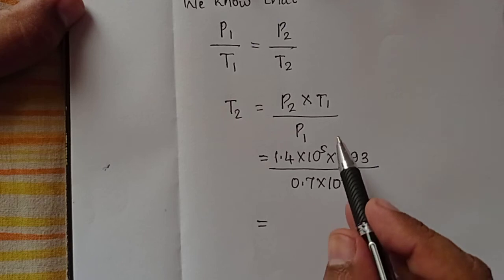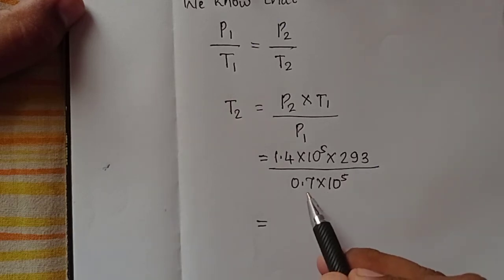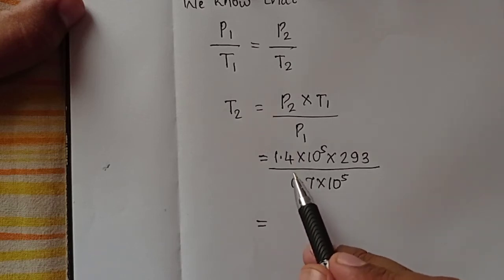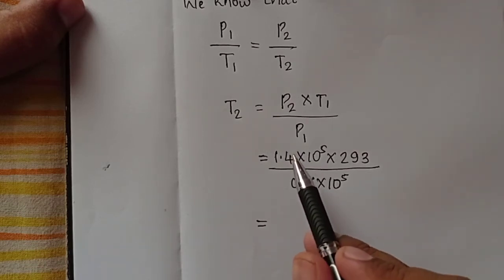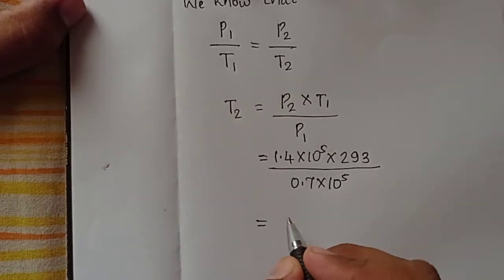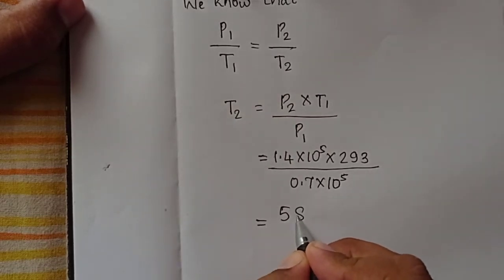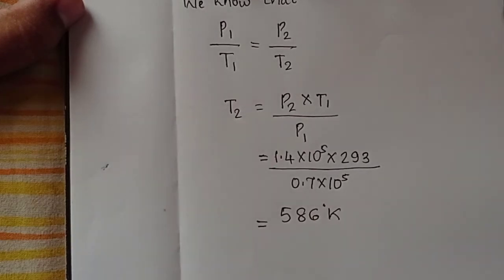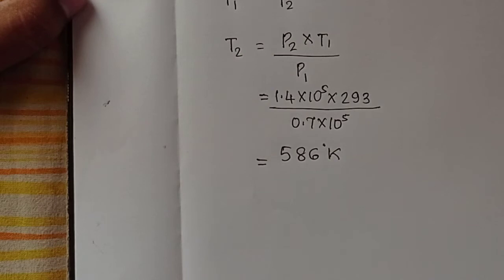So 10 to the power 5 and 10 to the power 5 will get cancelled. 0.7 and 1.4, that is 2 times. So 2 into 293 will fetch me the answer as 586 degrees Kelvin.